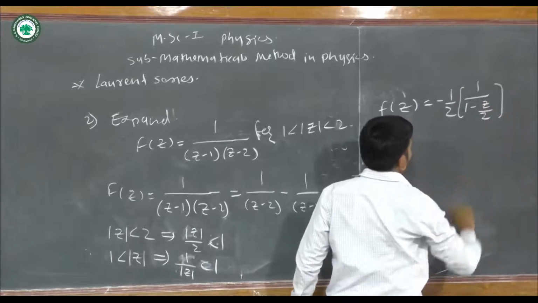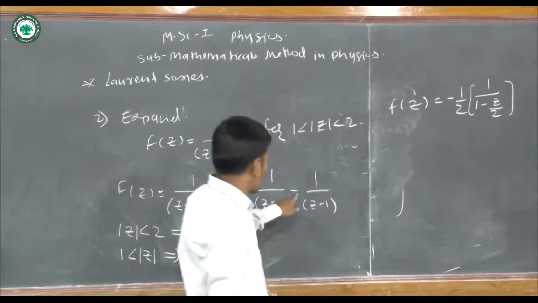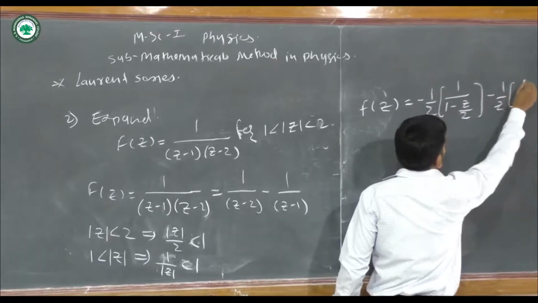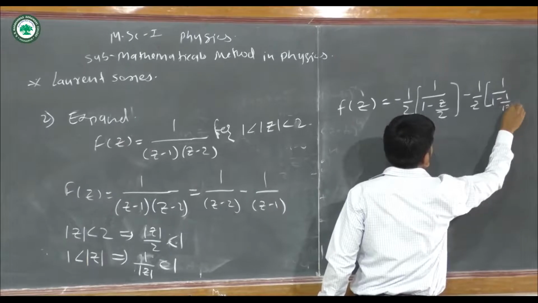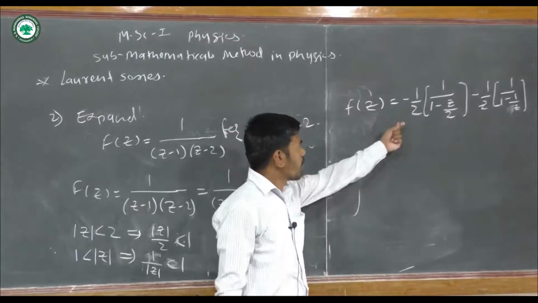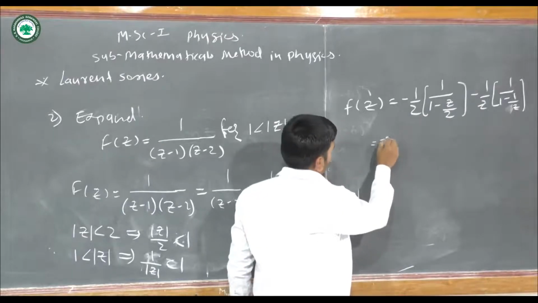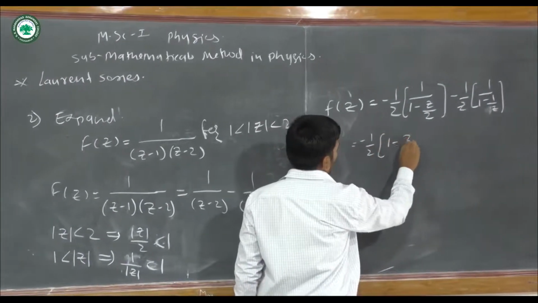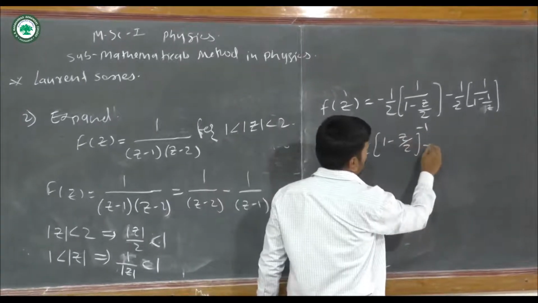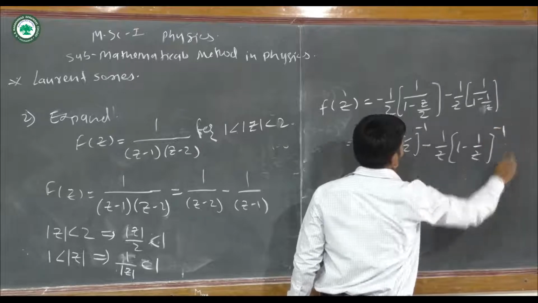And for the other expression, if I take the common factor 1 by z, we get 1 minus 1 by z. So minus half into (1 minus z by 2) to the power minus 1, and minus 1 by z into (1 minus 1 by z) to the power minus 1.